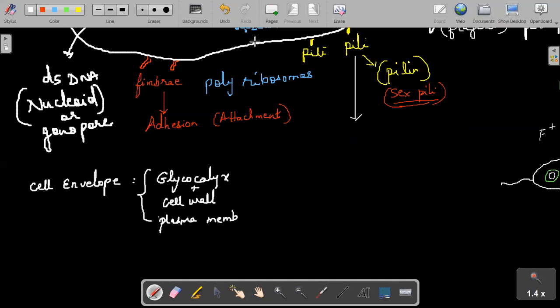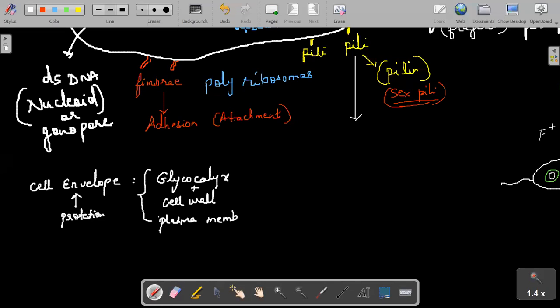This together forms the cell envelope. Now this cell envelope is basically protective in nature. Protection.